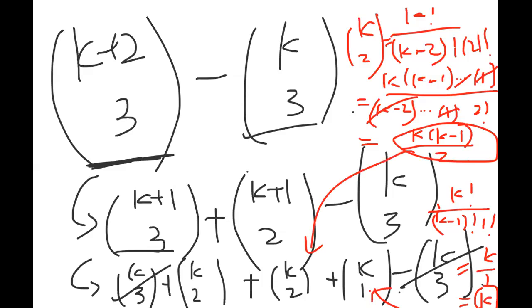So the solution would be 2 times k choose 2, which is 2 times k times k minus 1 divided by 2, giving k minus 1 times k, plus k choose 1, which is k. So k squared minus k plus k, and you should get k squared as your final answer.